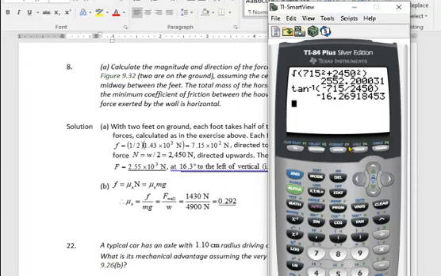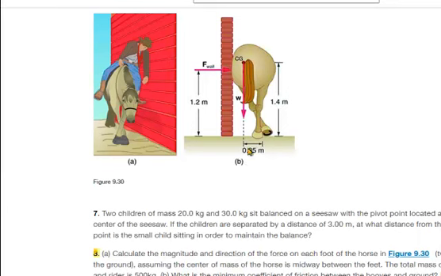The negative 16 would be in the fourth quadrant, but that's the way a calculator works. It only gives you one of the numbers. It's actually in the second quadrant when you look at the drawing, because the horse leans to the left. So I would add that 16 degrees to 90 degrees, so the horse is leaning at an angle of 106 degrees from the positive horizontal, which is what you can see here. So kind of like here, 106 degrees.